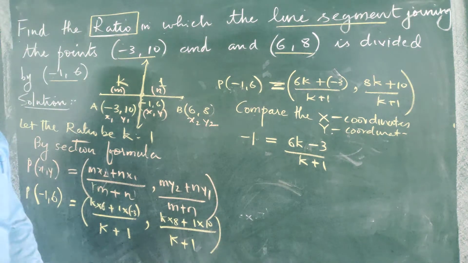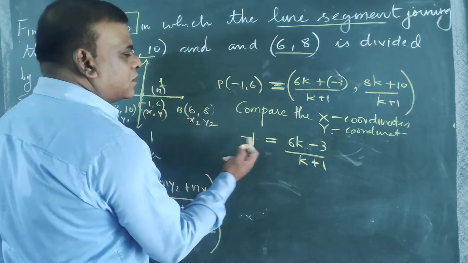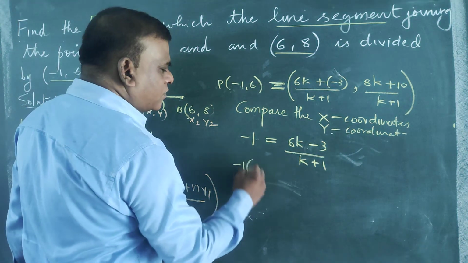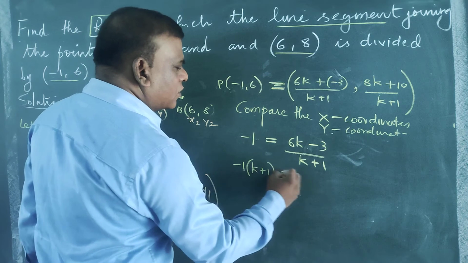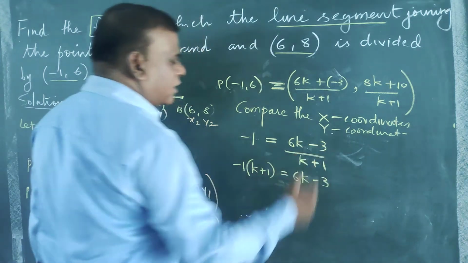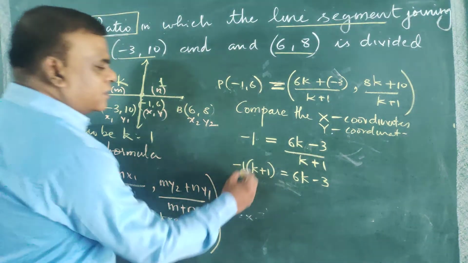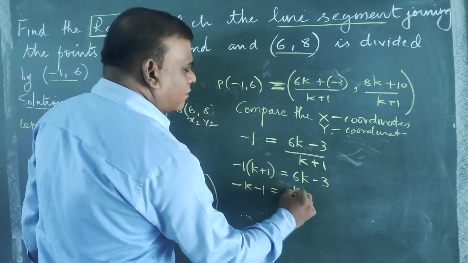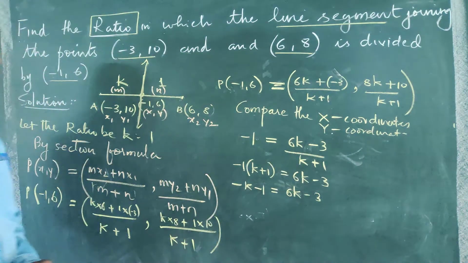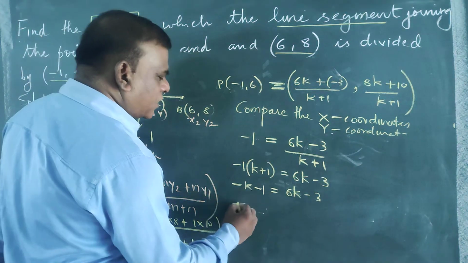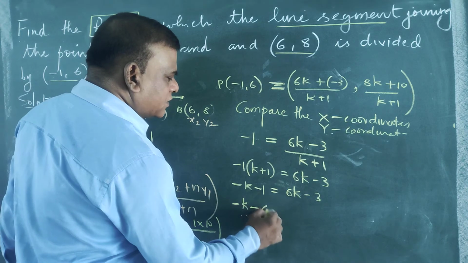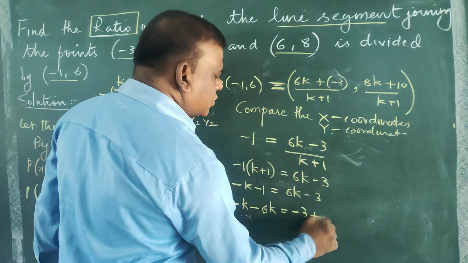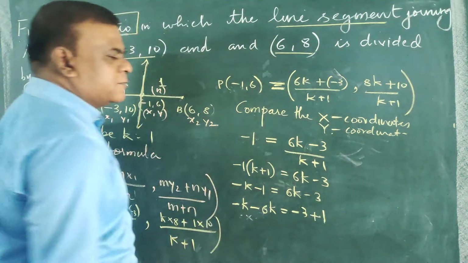Rest is simple calculations. I am going to use the knowledge of linear equations. So k plus 1 I am going to transfer here. So minus 1 multiplied by k plus 1 is equal to 6k minus 3. So minus k minus 1 must be equal to 6k minus 3. I am going to take the values of k on the same side. So minus k minus 6k is equal to minus 3 plus 1.